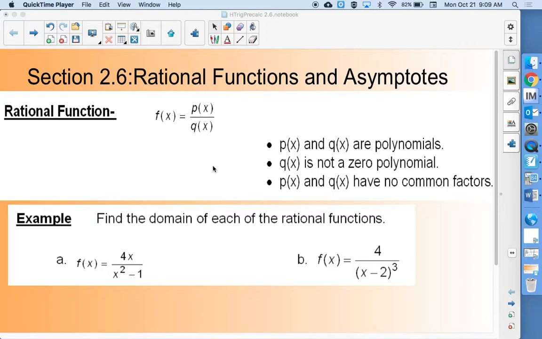Today we'll review domain and range, finding the asymptotes, and then talk about symmetry. Tomorrow we'll actually talk about graphing them.